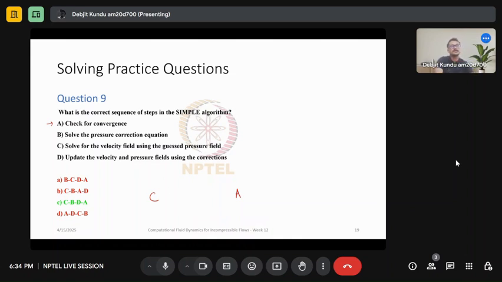Then once you have the velocity field, you use it to solve the pressure correction equation, being step B. Then once you have the pressure correction, you update the pressure field as well as the velocity field using those corrections, that being step D. Then you check for convergence and run the whole sequence once again if needed.